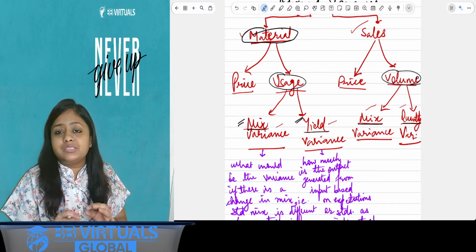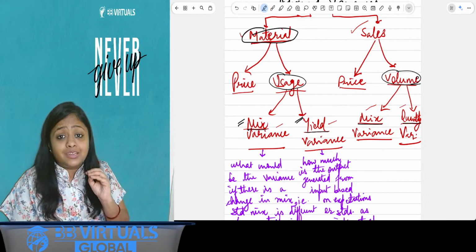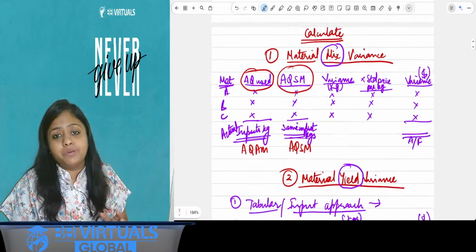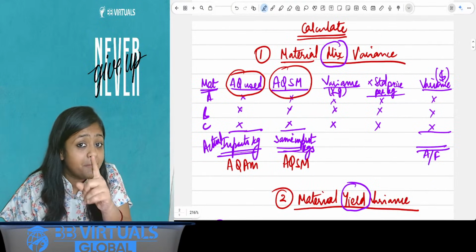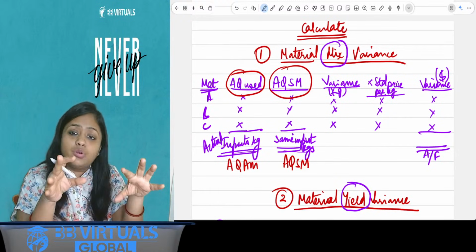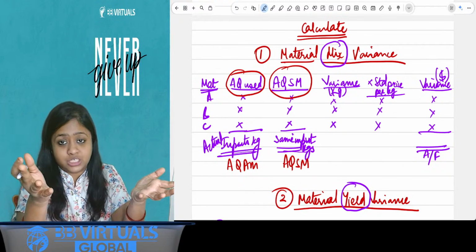I will make you understand the formula in the easiest way so that you don't have to learn it at all. Now look at my screen. So now we are discussing material mix variance. Guys, what is the focus on? Mix. My variable factor is mix. Don't forget that. If your mix is variable, quantities will remain actuals, correct?